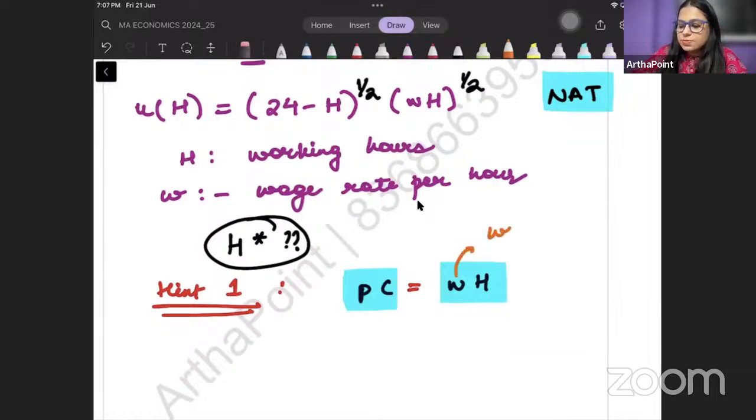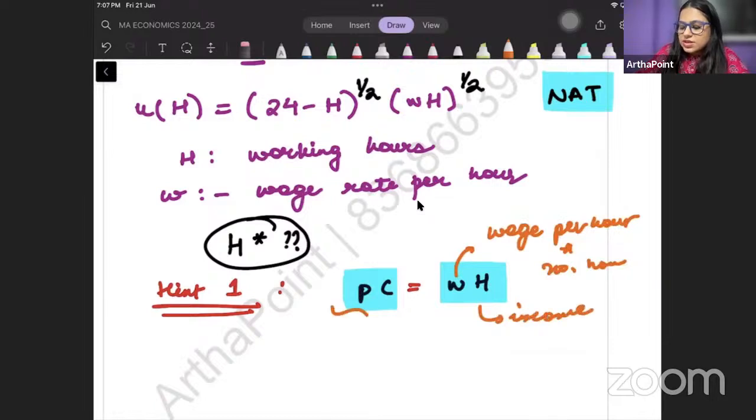W is the wage rate per hour, into the number of hours I am working for. So this is my income, and this is my consumption. Whenever no price is given to you, you will assume the price of consumption to be 1.